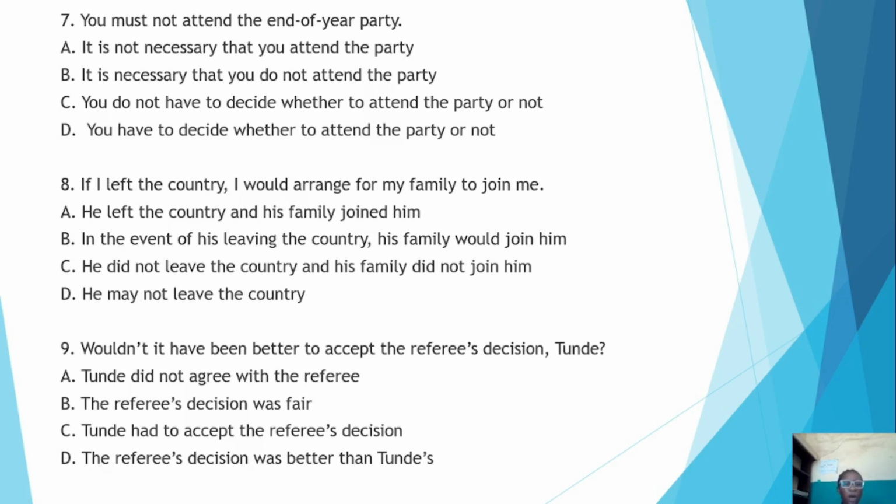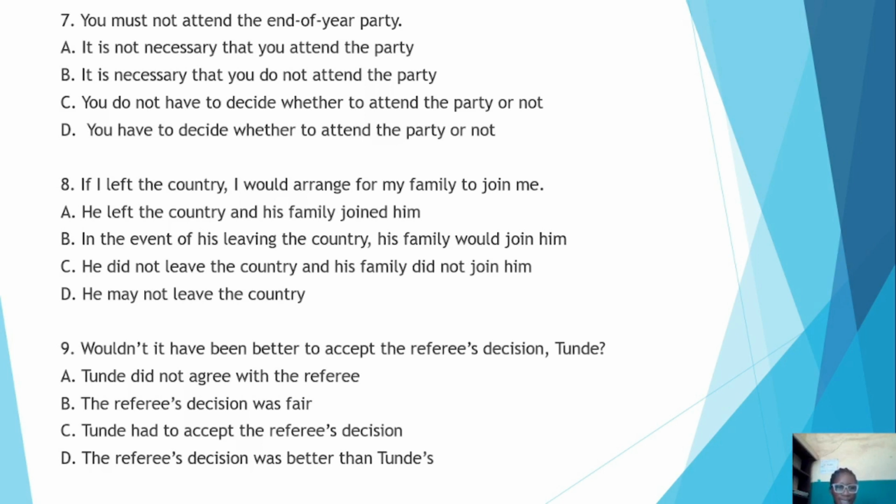We cannot take option A, he left the country. No, it's still if. It's a conditional thing. It has not happened. So we cannot conclude. We were not given that in this sentence. We'll not run ahead of them and say he left the country and his family joined him. We also cannot take option C. He did not leave the country and his family did not join him. No, you cannot conclude.